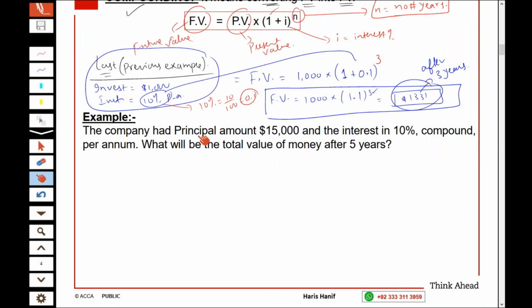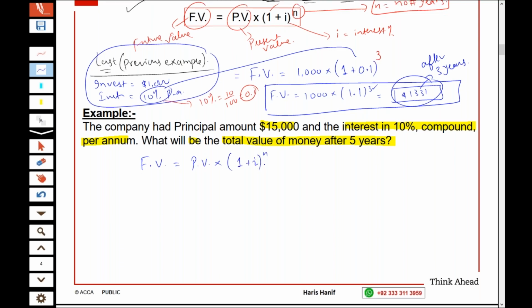Now see this example. The company had principal amount 15,000, and the interest is 10% compound per annum. What will be the total value of money after 5 years? See, I am again writing the formula. Future value is equal to present value multiplied by 1 plus I power n.